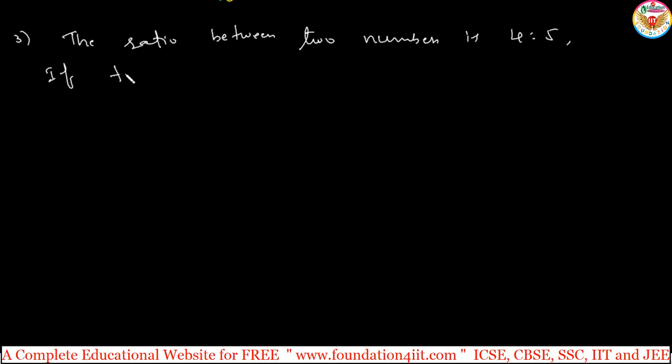Let us take another type of question, in case they give LCM and HCF. For example, the question is: the ratio between two numbers is 4:5. If their LCM is 180, find the numbers.